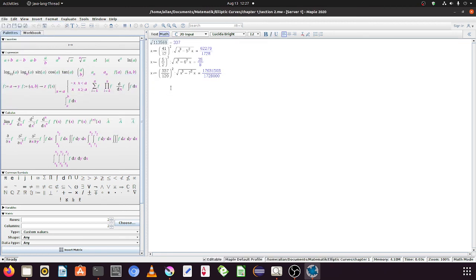When reading the chapter, the section, I made these examples, and now we just have to change x.